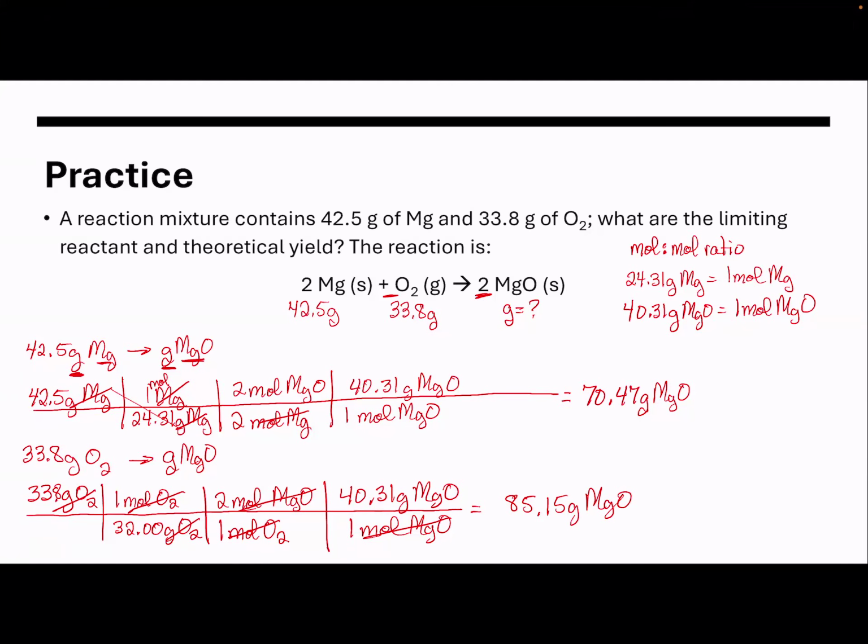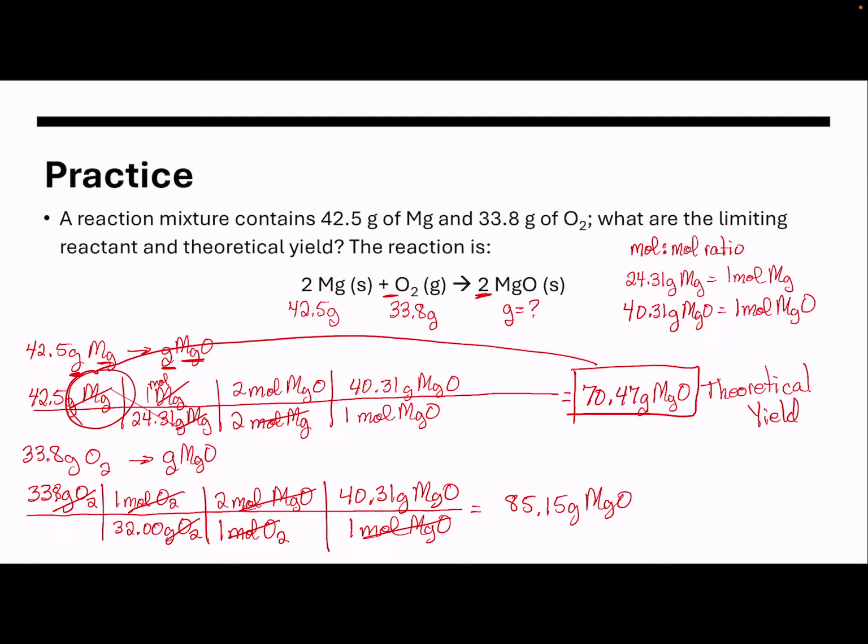You obtained 70.47 grams of magnesium oxide and 85.15 grams of magnesium oxide. The one that is in the lowest quantity is your theoretical yield. And that theoretical yield can be traced back to the limiting reactant.